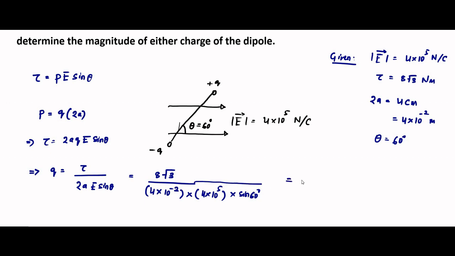When we make the calculations, root 3 by 2 is cancelled, so it is coming around 1 into 10 to the power minus 3 coulomb, or equal to 1 millicoulomb. So this is the magnitude of either charge. Here it is minus 1 millicoulomb and here it is plus 1 millicoulomb on the electric dipole.